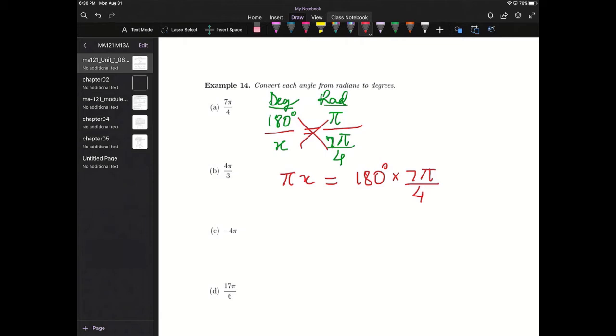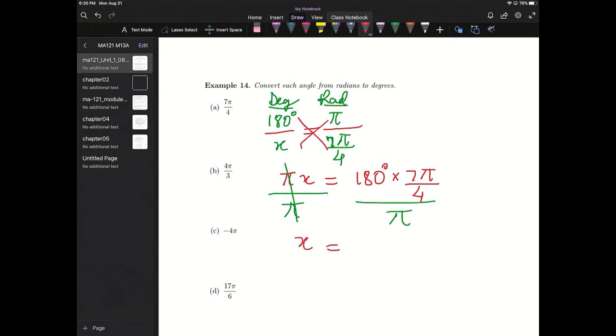Okay, so it doesn't say how we should present the answer, so I'm assuming that I will keep this as a fraction as long as it's in the lowest form. I still need to solve this for x, so we need to divide both sides by pi. So I get x isolated.